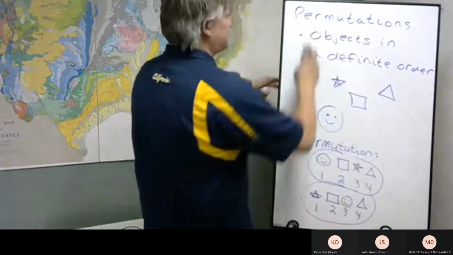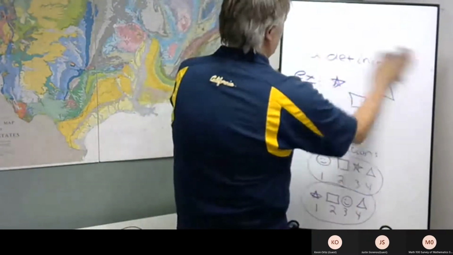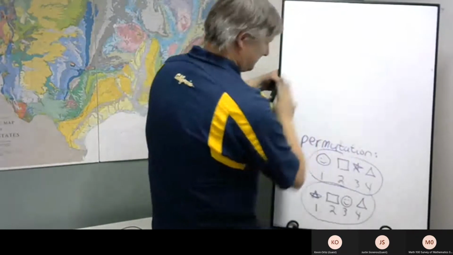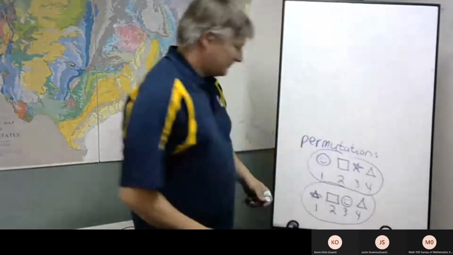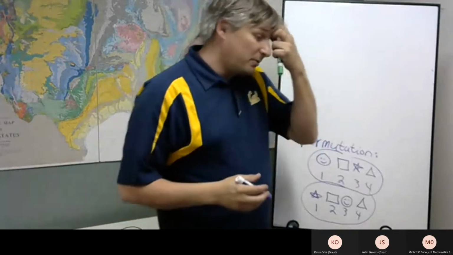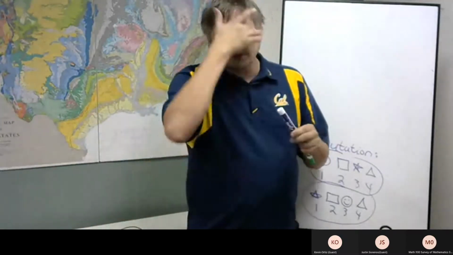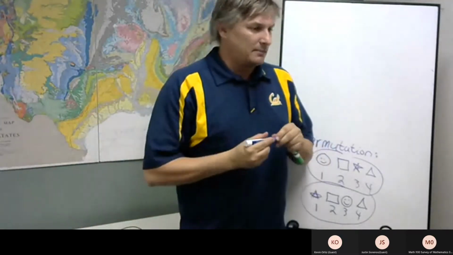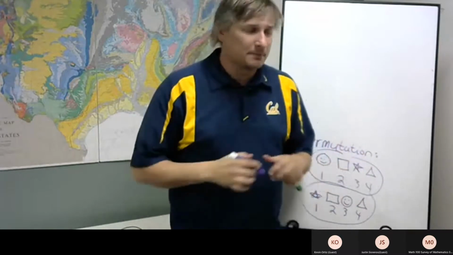Well, let's take a look. So we have these four shapes. Now, if you recall 12.1, what we finished with, we talked about this idea of drawing without replacement.